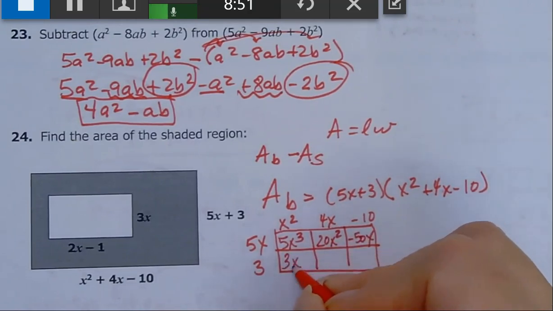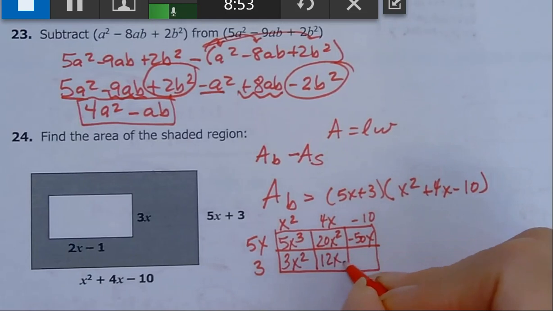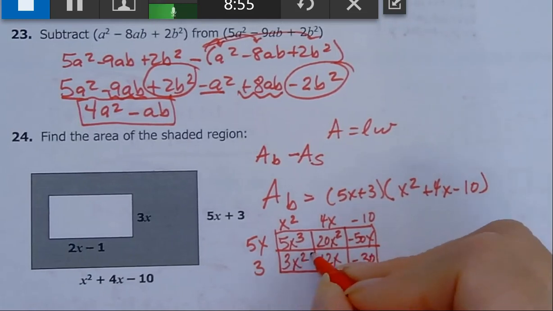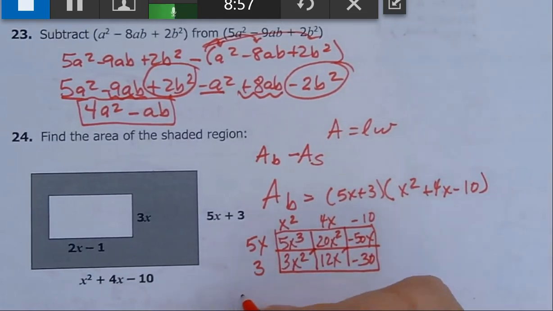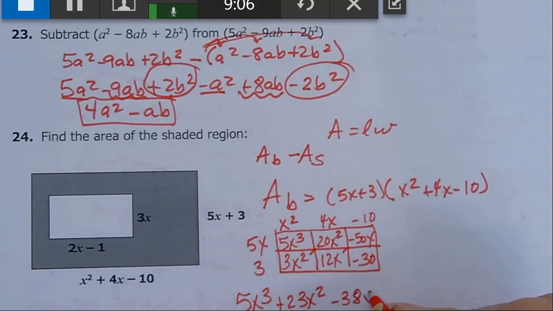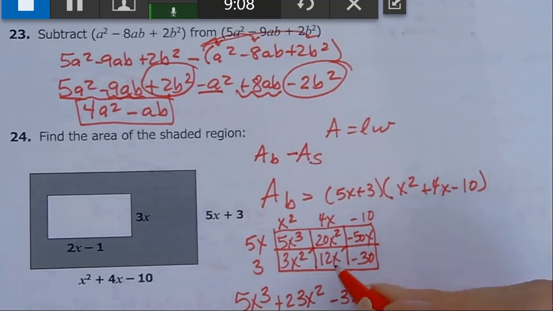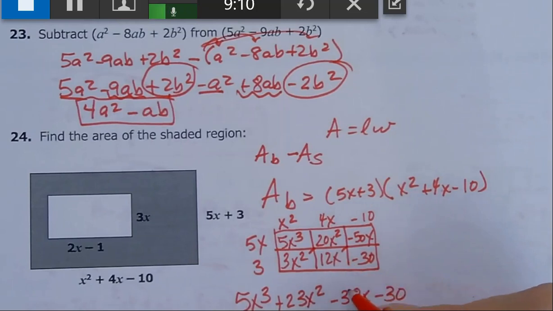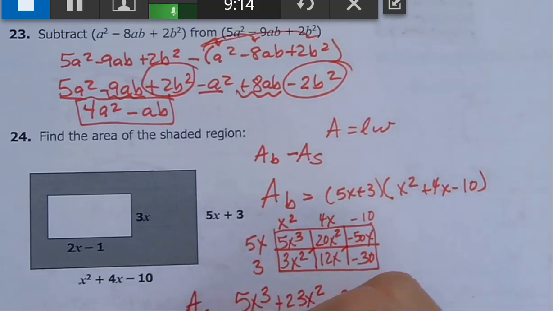Here I have 3x squared, 12x, minus 30. And I'm going to go ahead and combine like terms, so I'm going to have 5x cubed plus 23x squared minus 38x minus 30. Let's make sure: negative 50 plus 12 is negative 38. Yeah, I got that right. Okay, this is the area of my big rectangle.